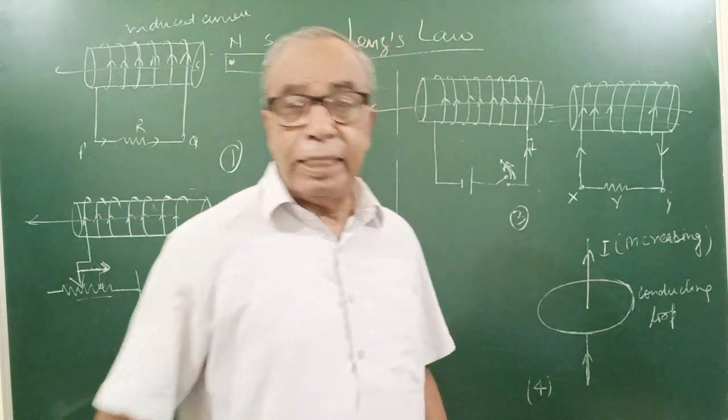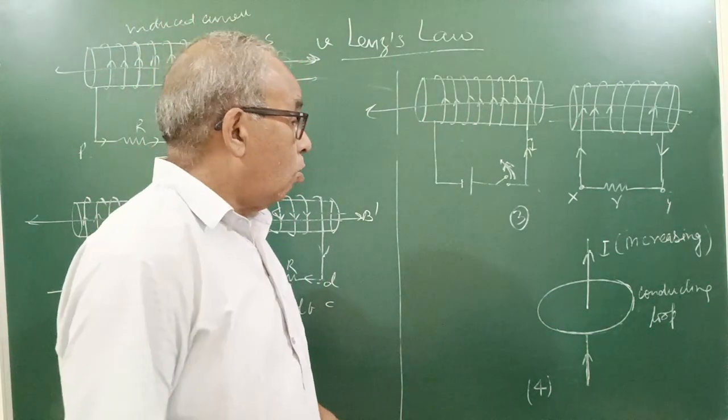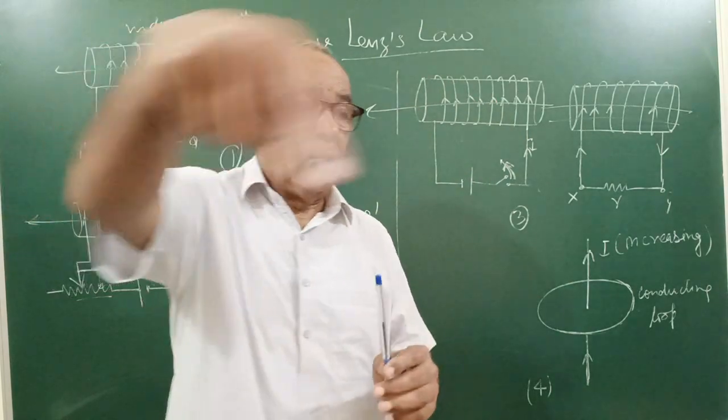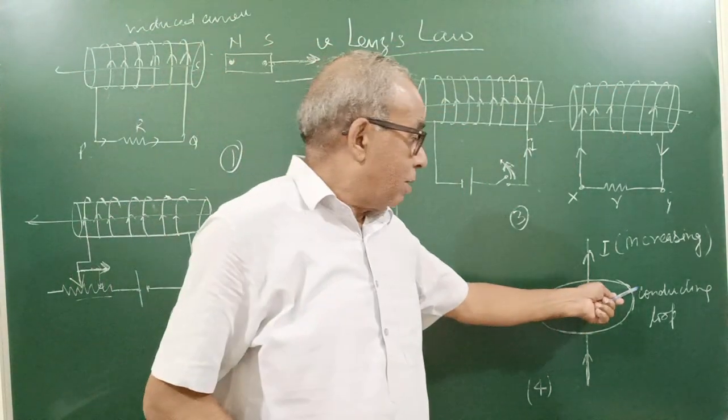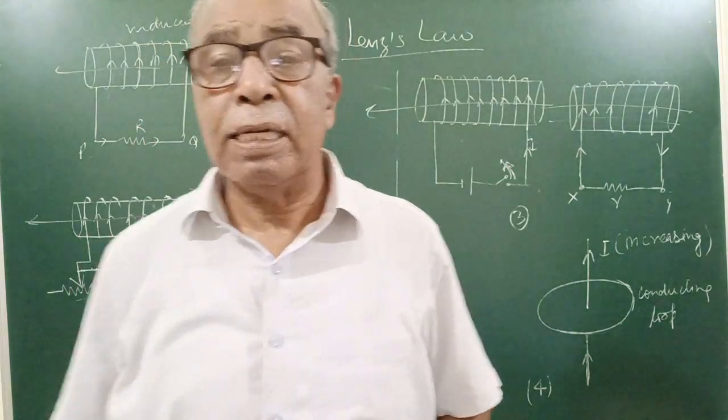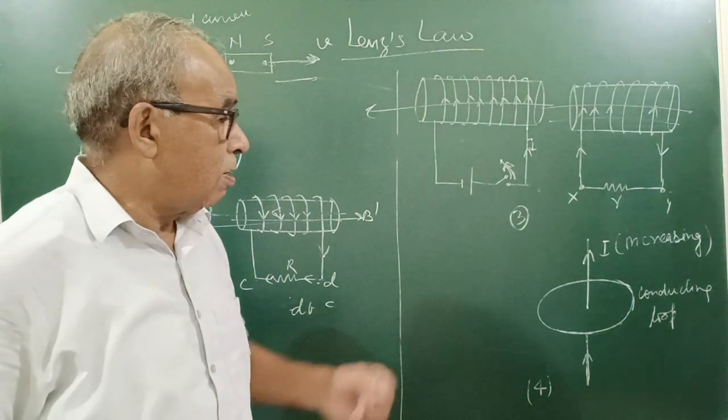If current I is increasing, if this is a conductor here, the field lines will be in a horizontal plane, and the plane of this loop is also horizontal. So no magnetic flux gets linked with this.